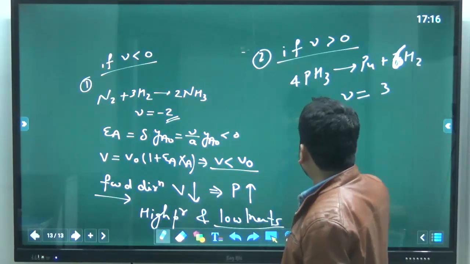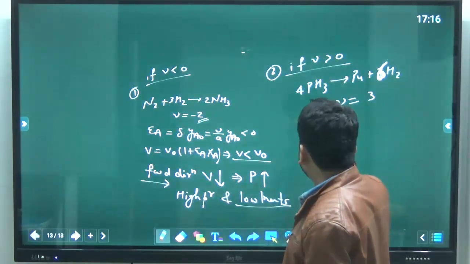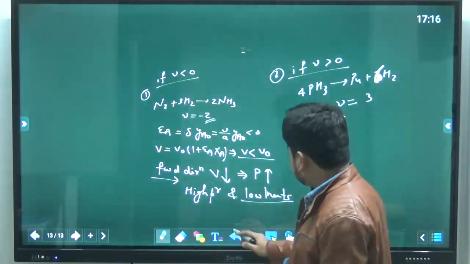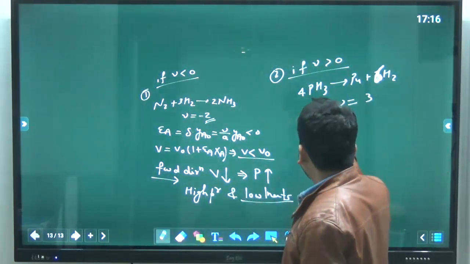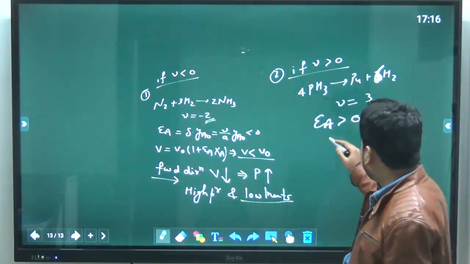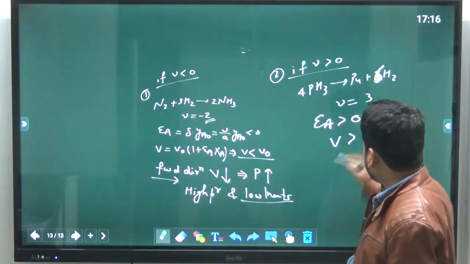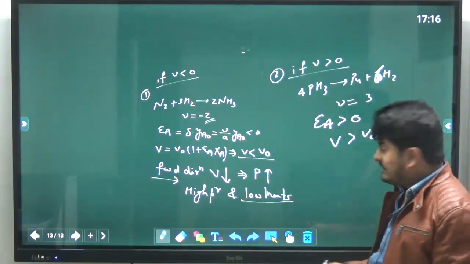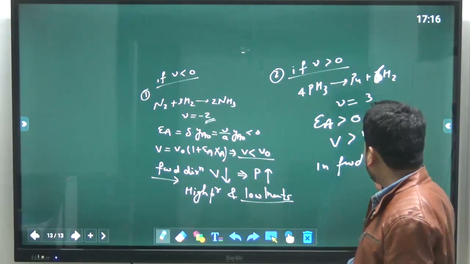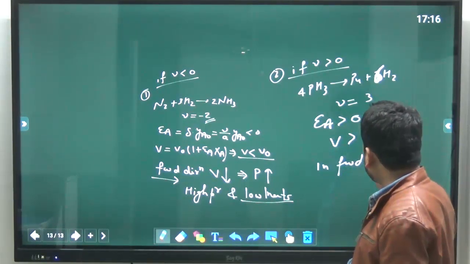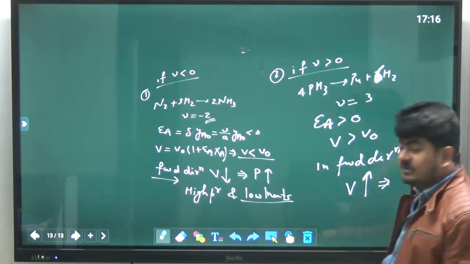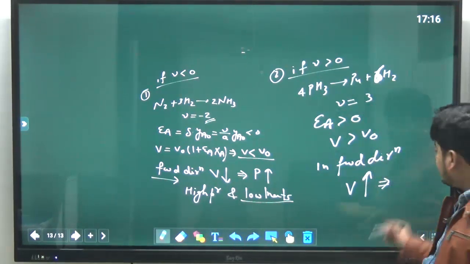So here epsilon A will be positive. And if epsilon A is positive, that means V will be greater than V naught. It means if I go in the forward direction, the volume is increasing, and if volume is increasing, that means pressure should decrease.